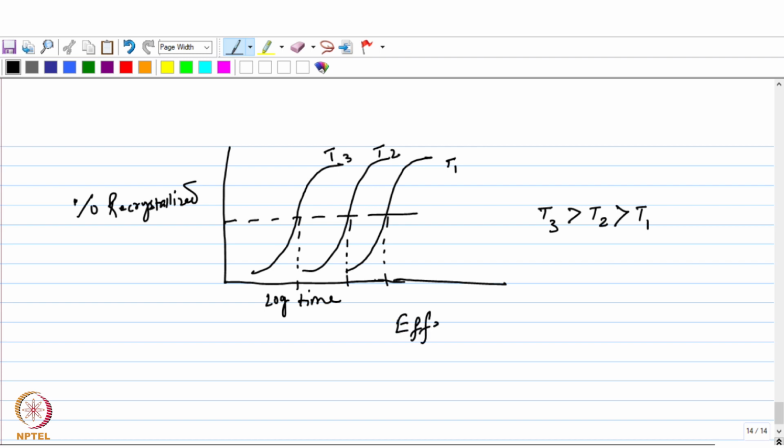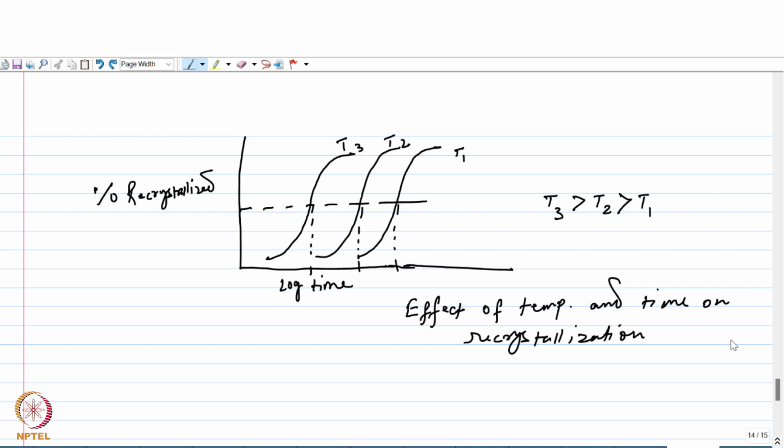So the effect of temperature and time can be shown by such plots. The effect of temperature on the recrystallization time can also be shown by an alternative plot.